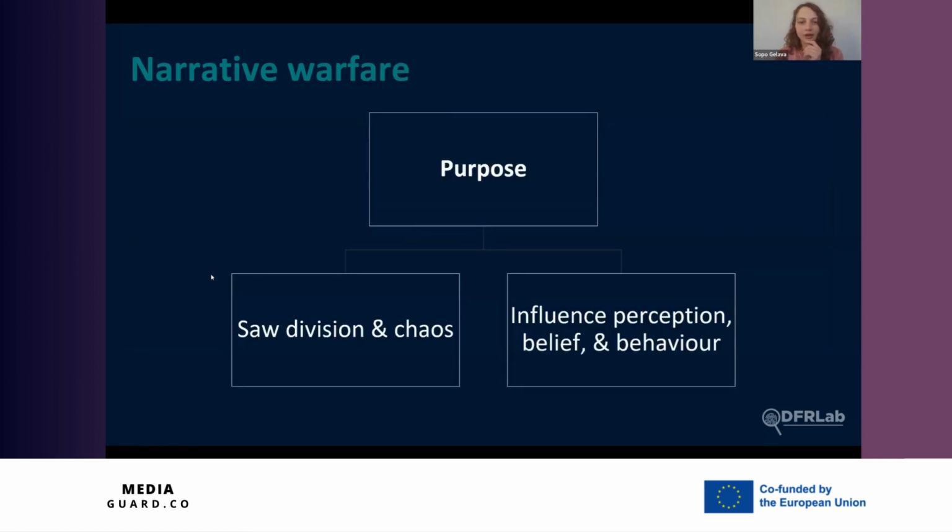Narratives, in this sphere of information operations and narrative warfare, have two purposes: to sow division and chaos in society, and also to influence perception, beliefs, and behavior.